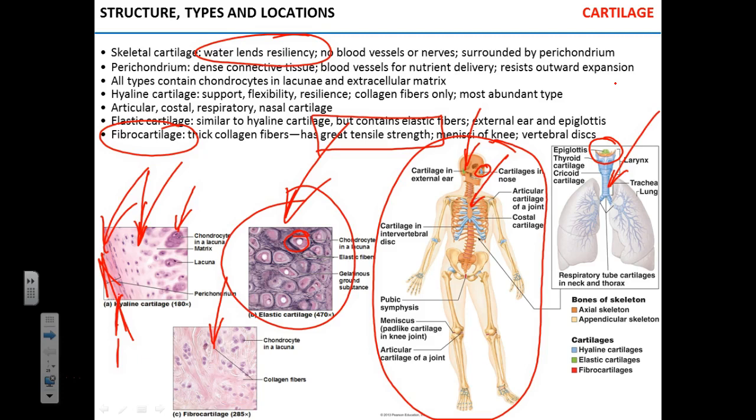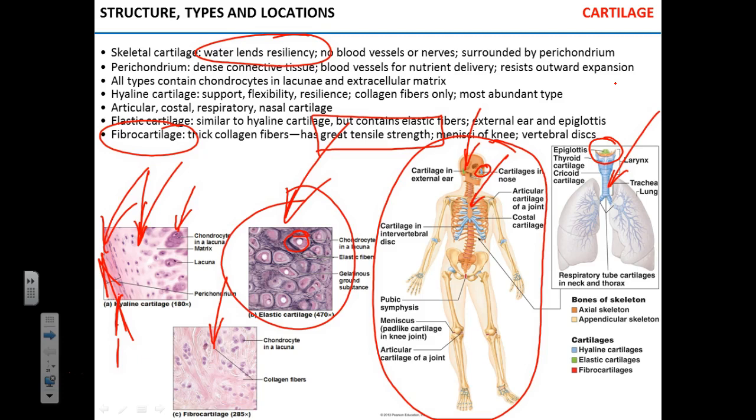One such place is obviously the vertebral column, okay, which carries the weight of the trunk. So those intervertebral discs on the outside are made of fibrocartilage. That's one place to find fibrocartilage. Another one, the meniscus of the knee.